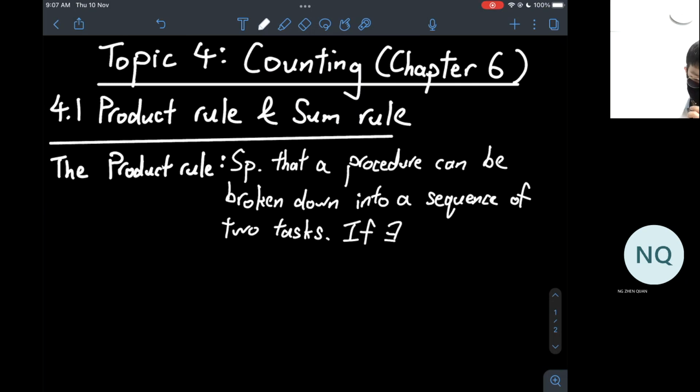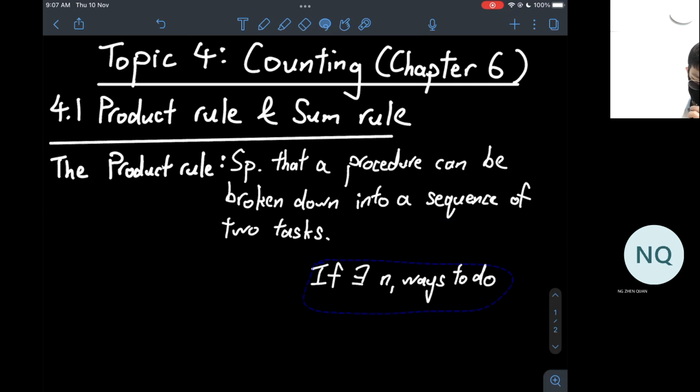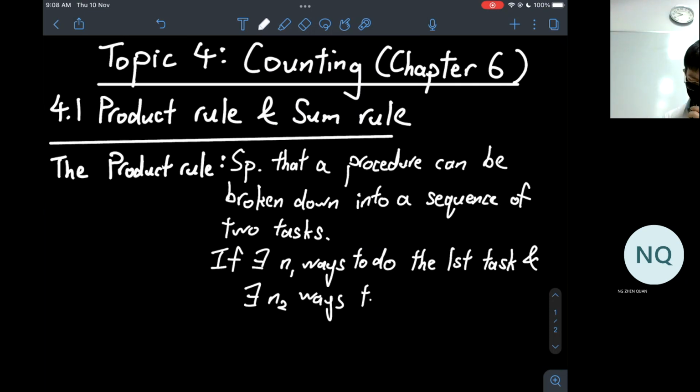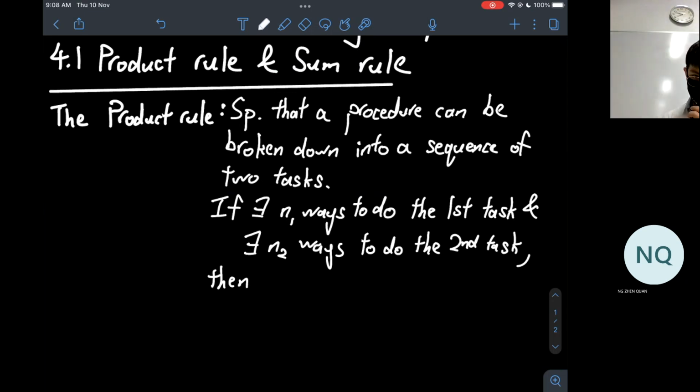There are n1 ways to do the first task, and n2 ways to do the second task. Then altogether there are n1 times n2 ways to do the procedure.